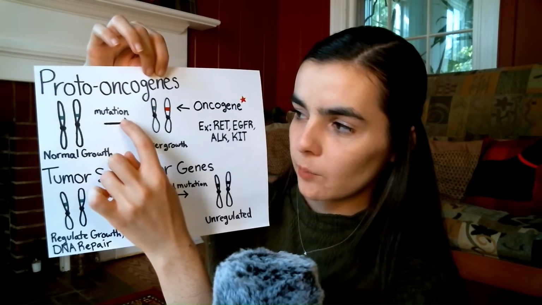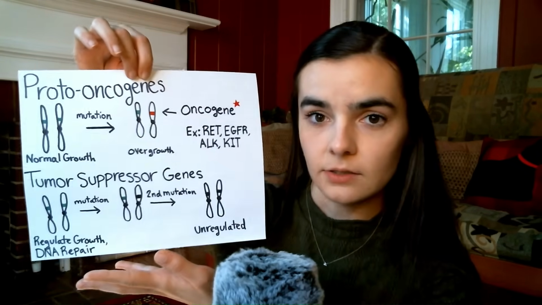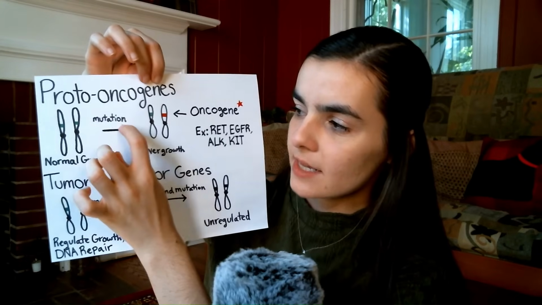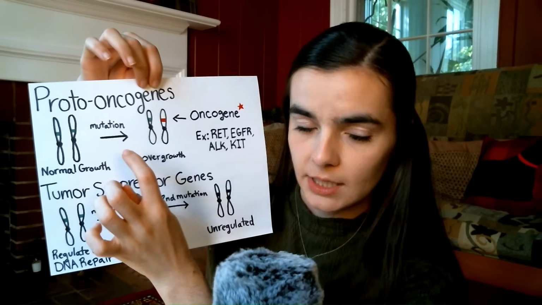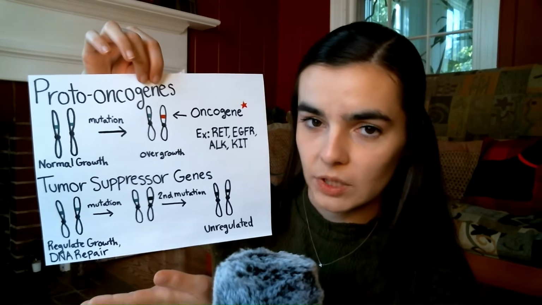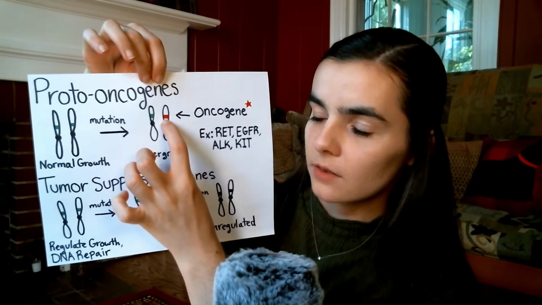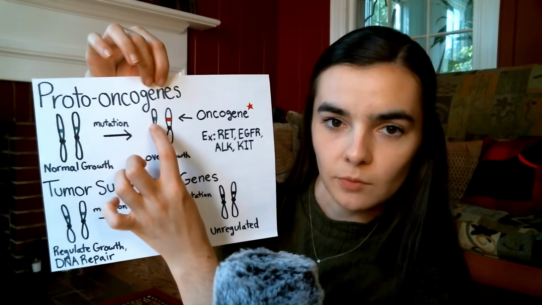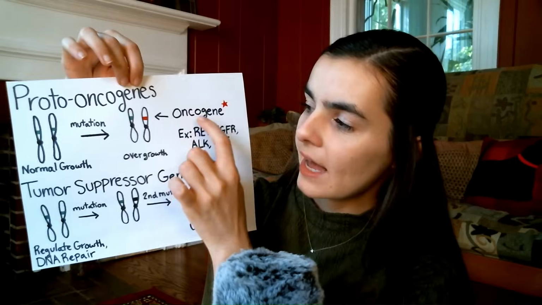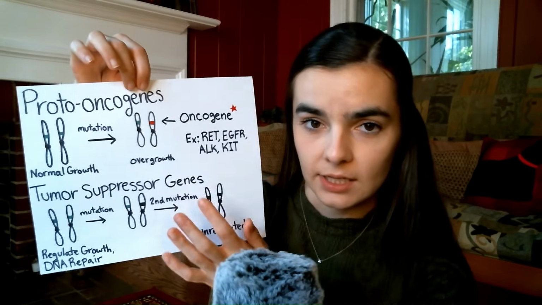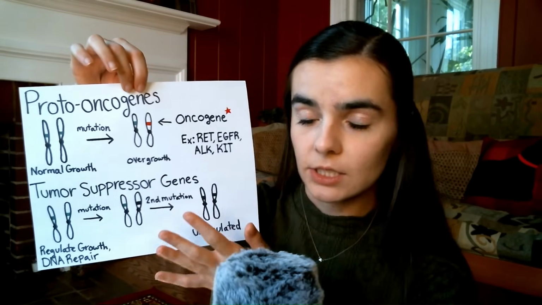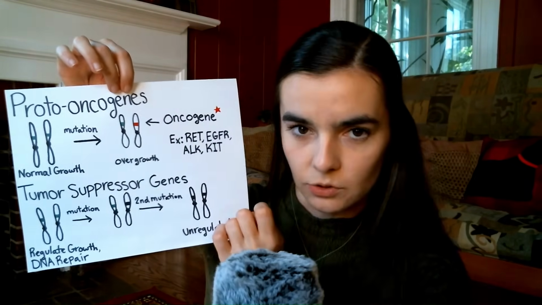But what can happen in cancer cells specifically is that we get a mutation in one of those copies of the proto-oncogene, and so here the mutation is red and the normal copy is still green. When we get a mutation that causes cancer, we call it an oncogene.